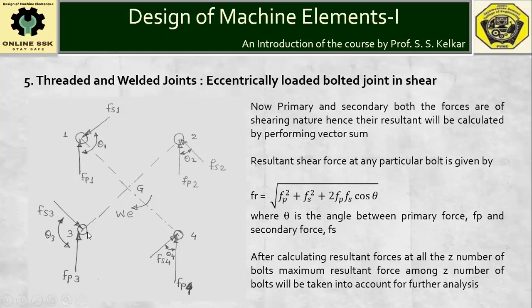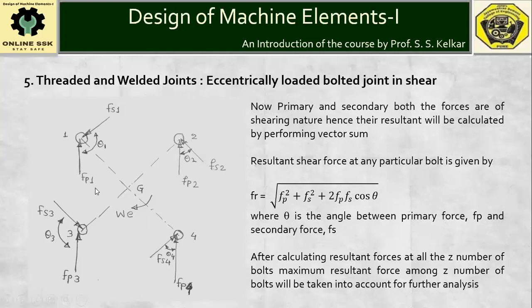Therefore, while designing the bolt, we have to take into account the critically loaded bolt, the bolt which experiences the maximum resultant force. Designing that critically loaded bolt, the same bolt will be utilized at all the four places or at all the Z number of places.